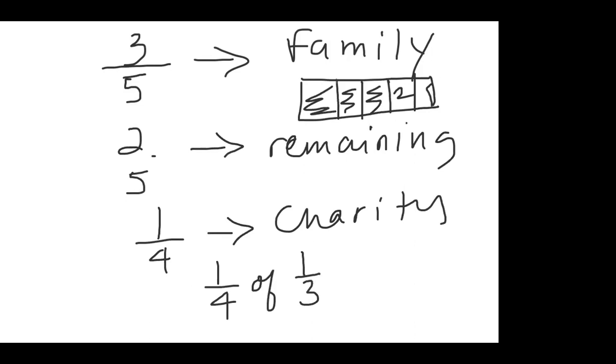Sorry, I'm writing the wrong fraction. The remaining estate is actually 2/5. So 1/4 of the 2/5 is what is going to be given to charity. Remember, I just mentioned "of" means multiplication. So you're going to multiply 1/4 times 2/5.